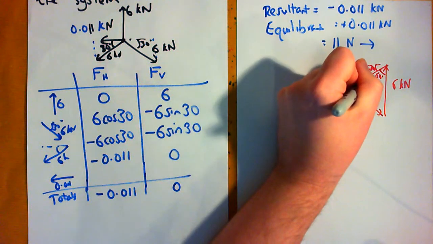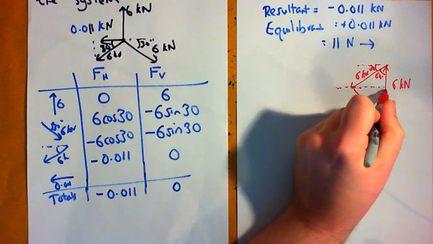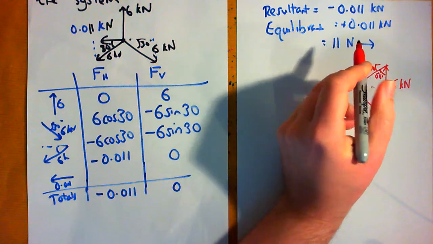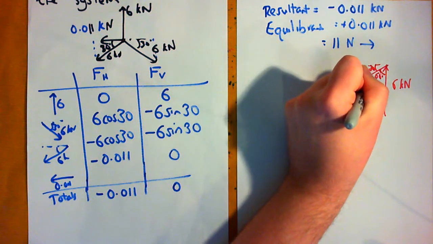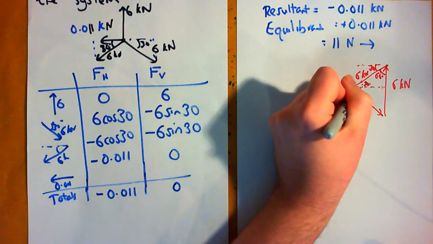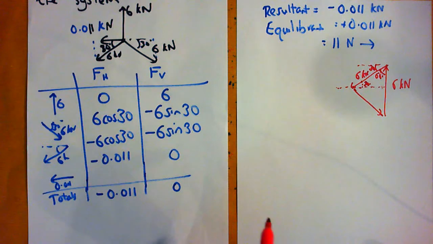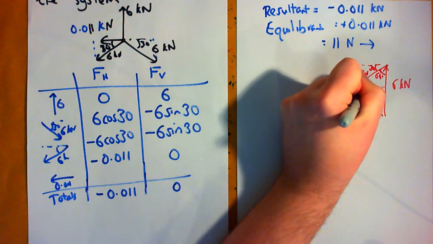So if we look at this top triangle, there we would have a 90-degree angle. This is a 60-degree angle, which makes that a 30-degree angle, and this force here, the one that was pointing downwards rightwards, was pointing 30 degrees below the horizontal.